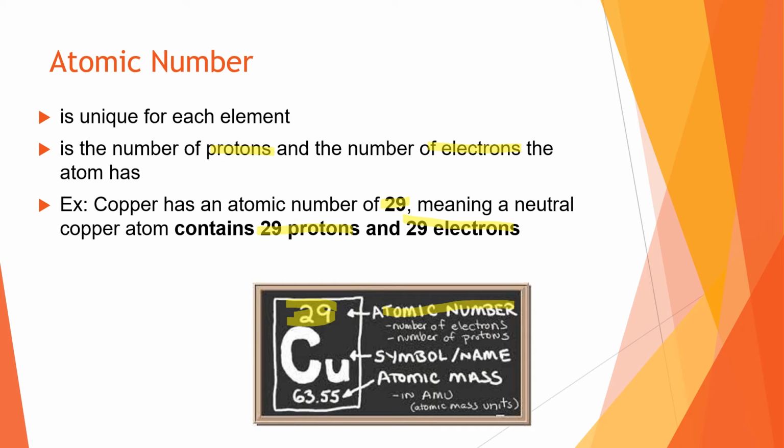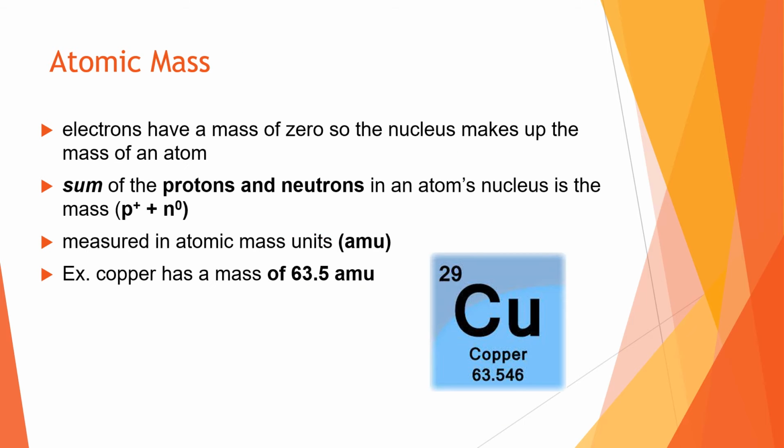So we have 29 of both the positives and the negatives, which makes it neutral. Okay, so the periodic table tells you different information. This top number above the symbol or to the top left of the symbol represents the atomic number, the number of electrons, and the number of protons.